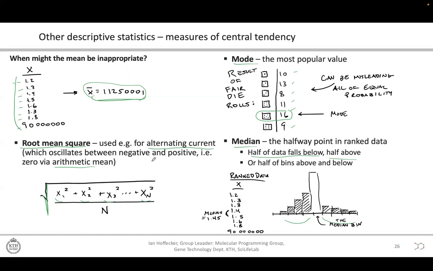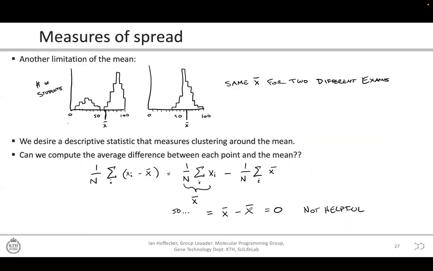If we take this first example, we just rank the data, and we see that half of the data is up here and the other half is below. So the median would be the average of these 2 points, 1.4 and 1.5.